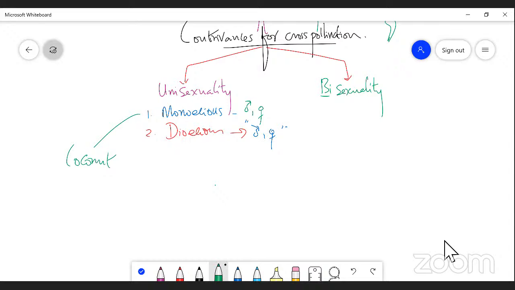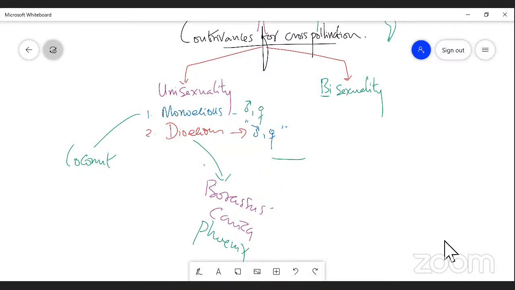Next, for dioecious, examples are Borassus, Carica papaya, and Phoenix plant. So they are examples of dioecious plants, right? Due to the presence of male and female plants separately, cross pollination is possible.